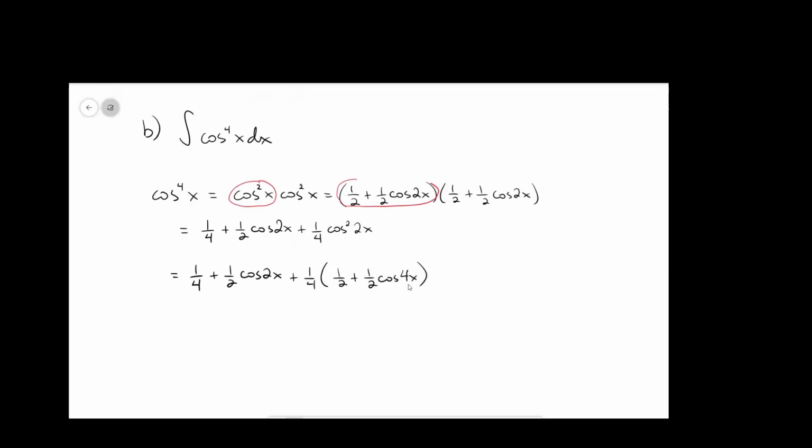Notice that there was an x there, and when you use the formula, what happened? We doubled it, right? Well, the same thing is happening here. There's the second power, we're using the power reduction identity, and whatever was here has to be doubled in the power reduction formula. Does that make sense? So that last term becomes a 4x instead of a 2x.